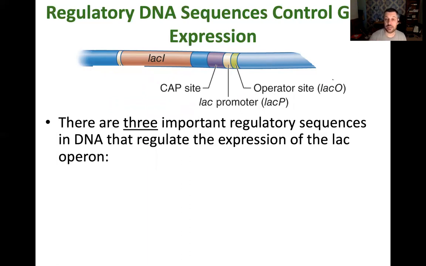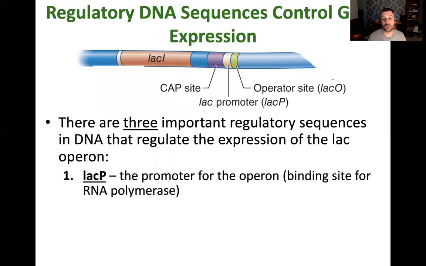I'll go through them in order. One is the Lac promoter, or Lac-P for short. That's the cream one in the middle. This is a promoter. You guys know what that does. It binds RNA polymerase to allow it to transcribe the operon.